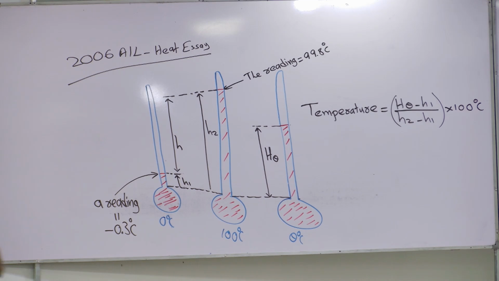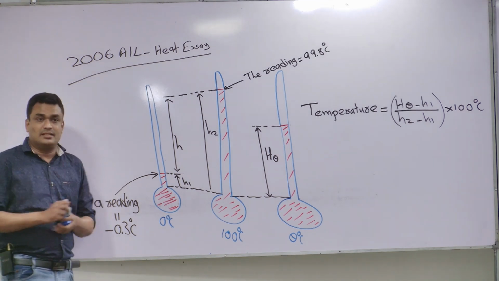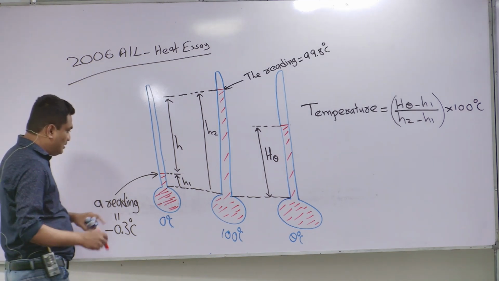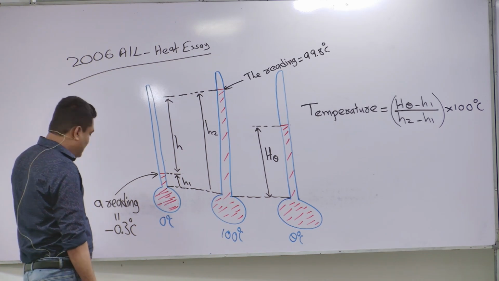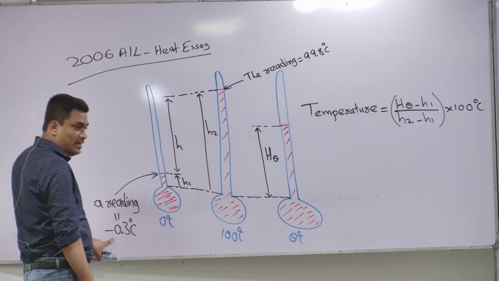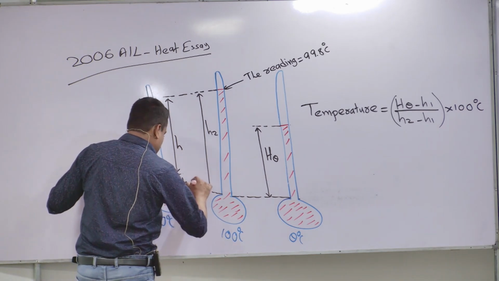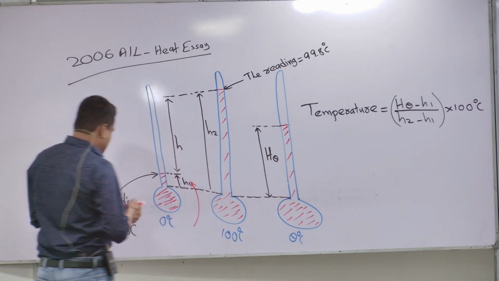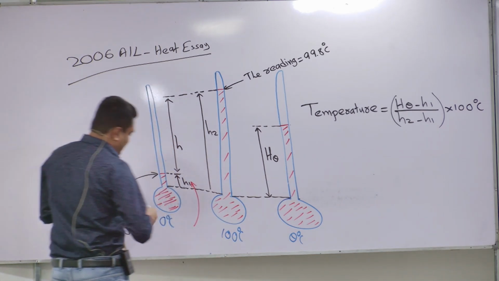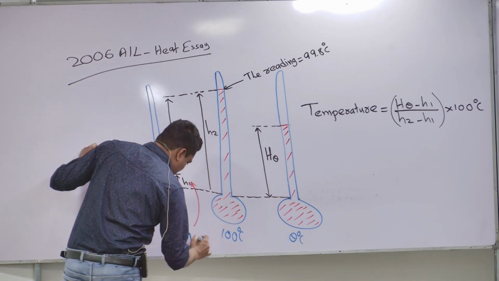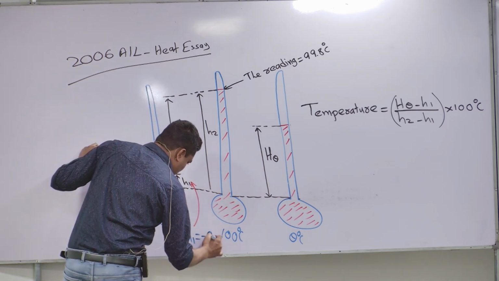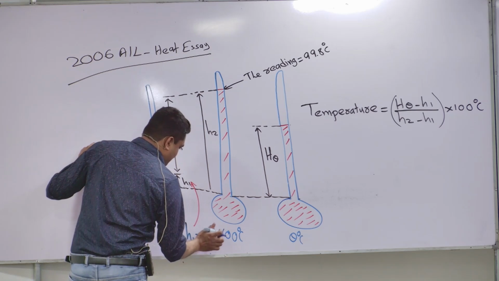Right. One of the easiest methods to answer this question: at 0 degree Celsius temperature, if it shows a reading of minus 0.3, take H1 as minus 0.3. This is the easiest way.